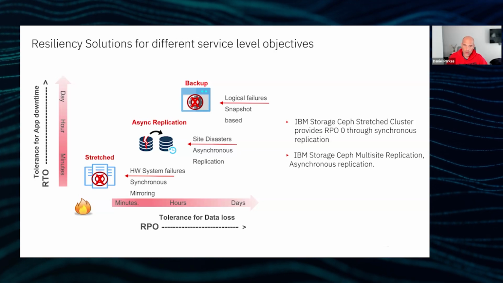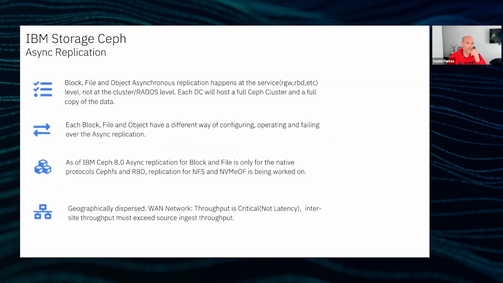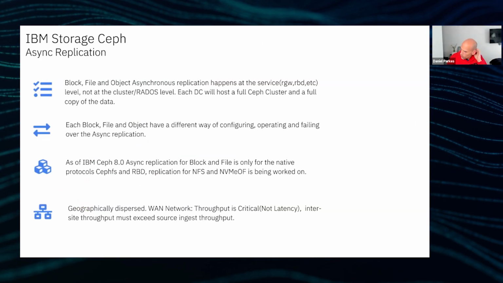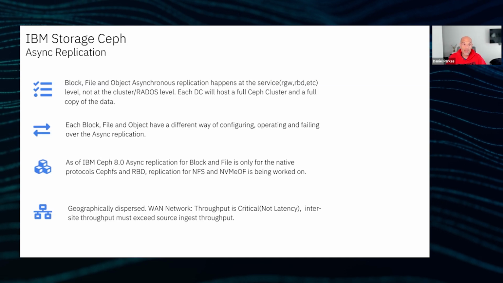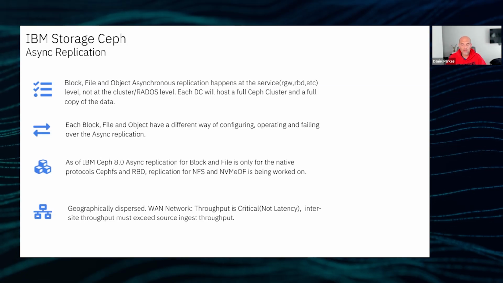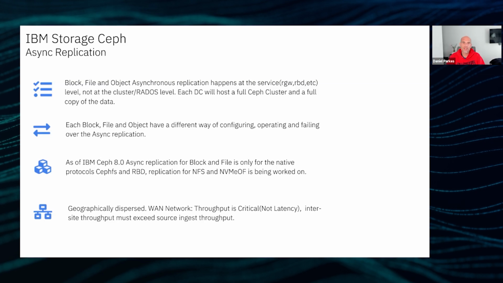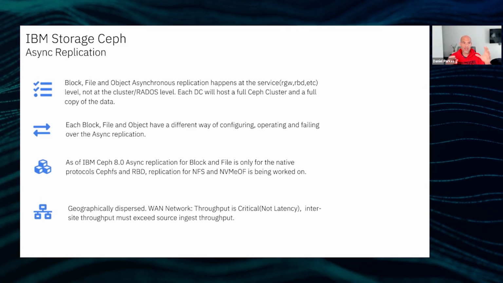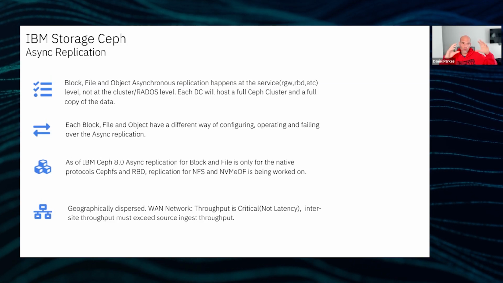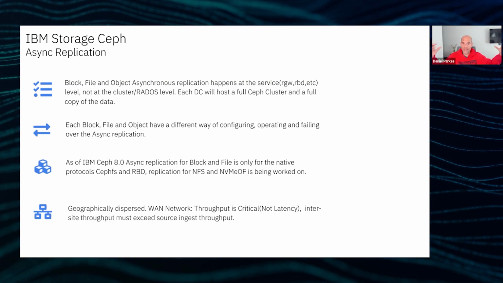So cool. Exactly. Yeah. So moving forward, just to give a very high level overview, and then we can go a little bit into the architecture about asynchronous replication, or multi-site asynchronous replication. One of the main things to know here is that we have one Ceph cluster per data center.